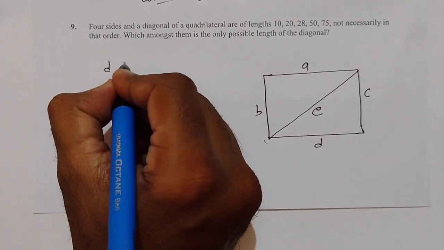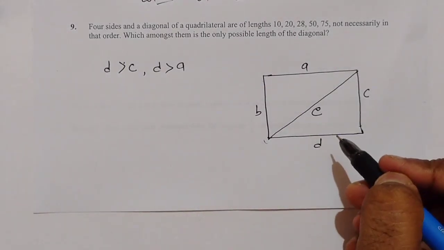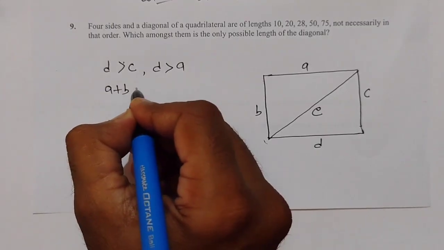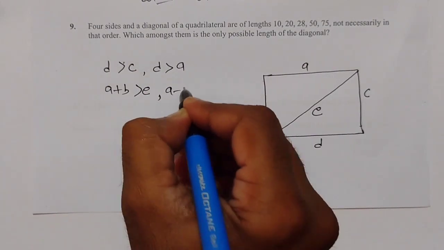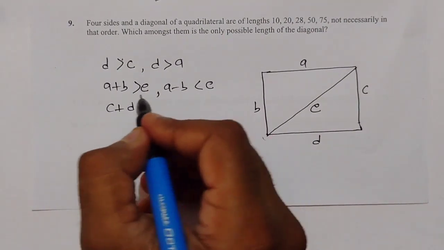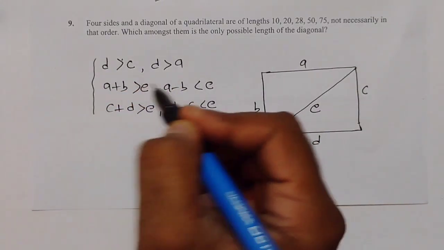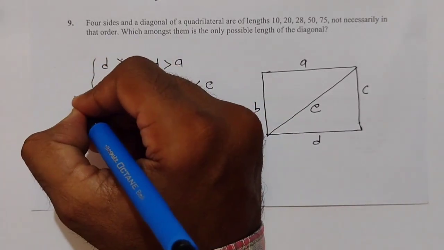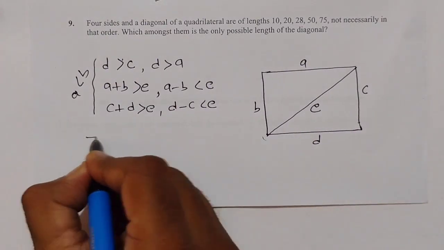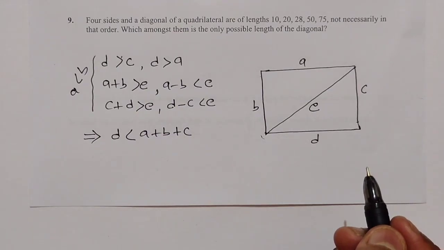First of all, D must be greater than C, and also D must be greater than A, and also the sum of A plus B must be greater than E, and the difference of A and B must be less than E, and also C plus D must be greater than E, and also D minus C must be less than E, and these are all the conditions for the triangles, where we are using A less than B. So in this case the quadrilateral will imply the value of D must be less than A plus B plus C by using all the inequalities above.